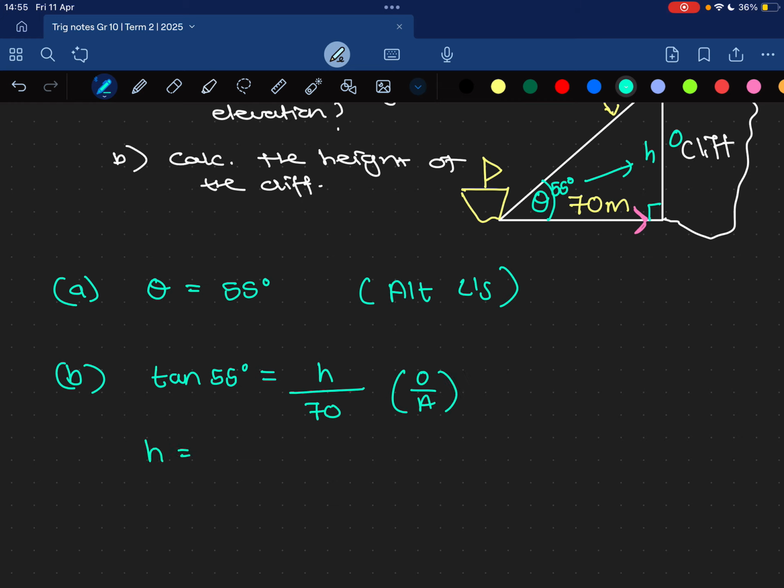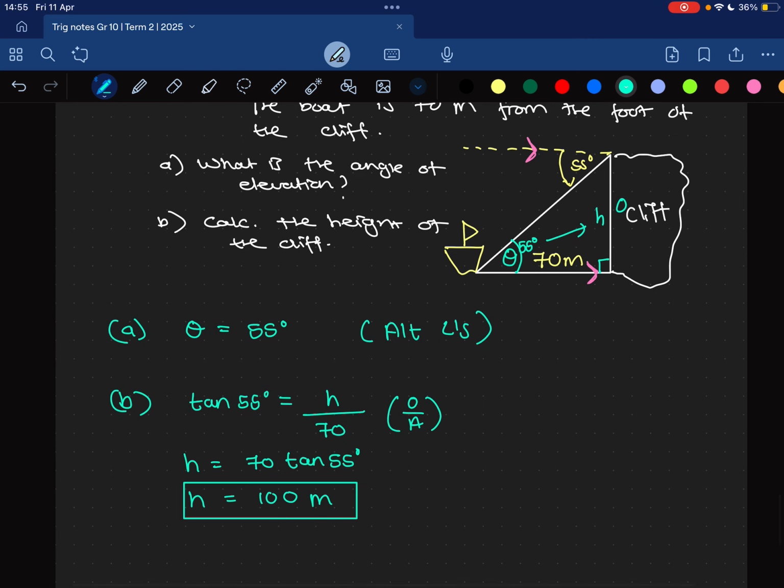Okay, so the height will be equal to 70 multiplied by tan of 55. So you'll just put it in your calculator and you should get 100. And because it's in meters, you'll say meters. Okay, so all this is just application based on the questions on triangles and things that we've already done. Okay, so there's nothing really too tricky about this.